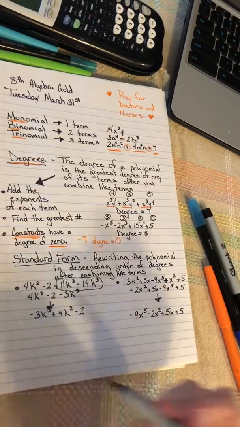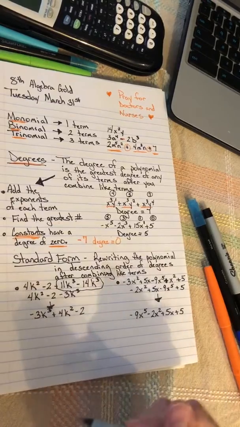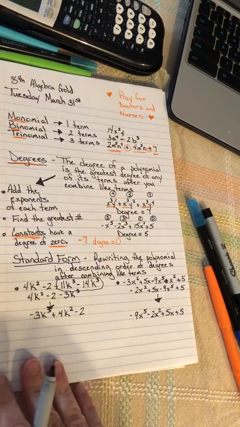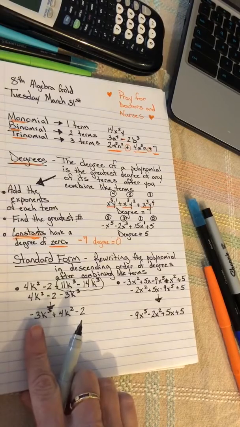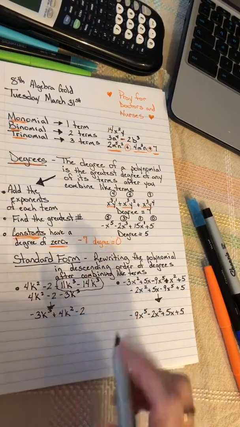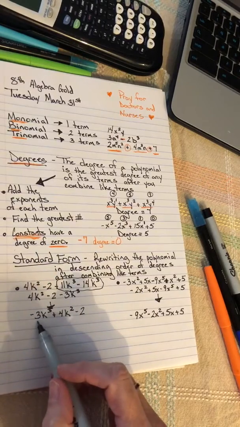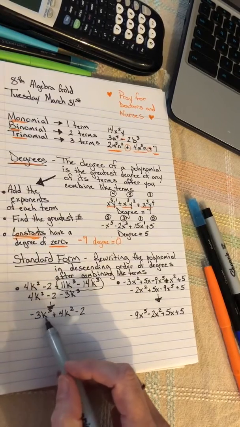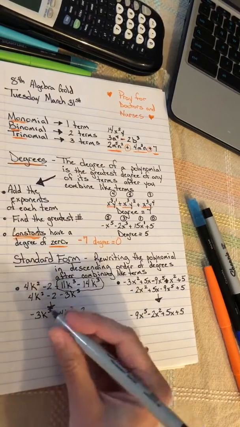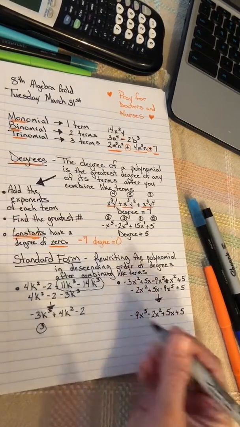Right. Now, they want us to rewrite them in order of their degrees, with the highest degree being listed first, and then going down all the way to 0. Right, so I've rewrote this one, so negative 3k to the third is the first, because it has a degree of 3.